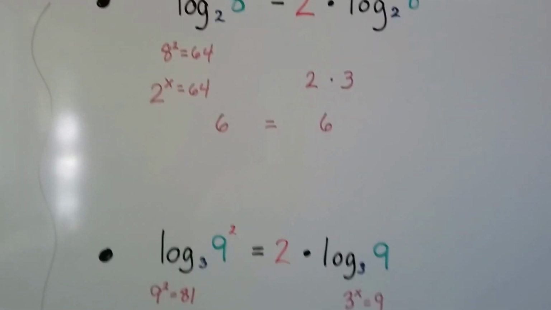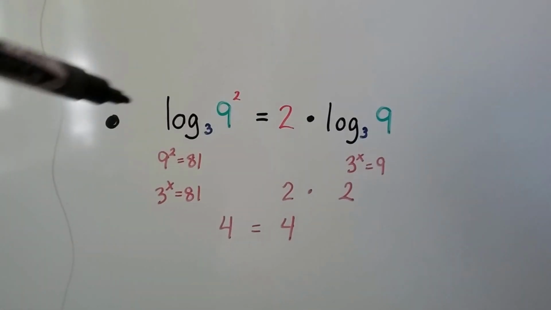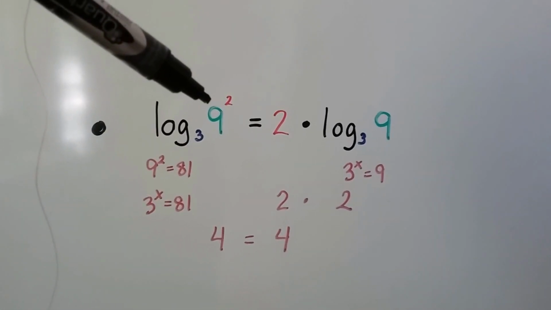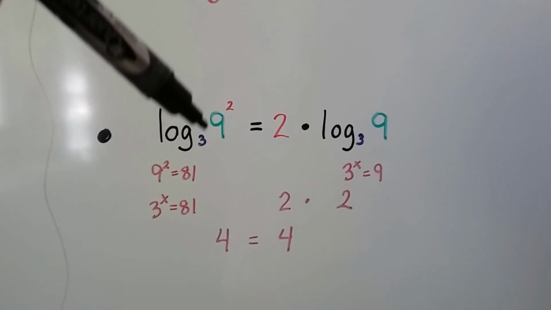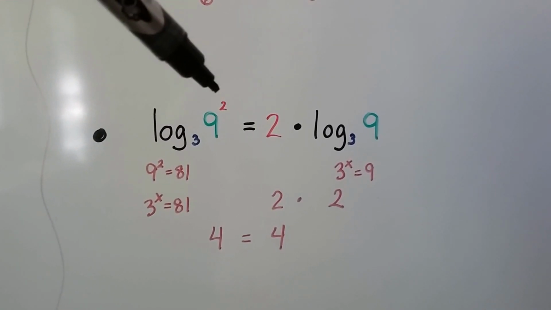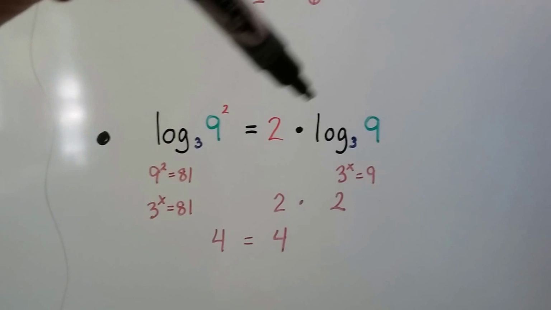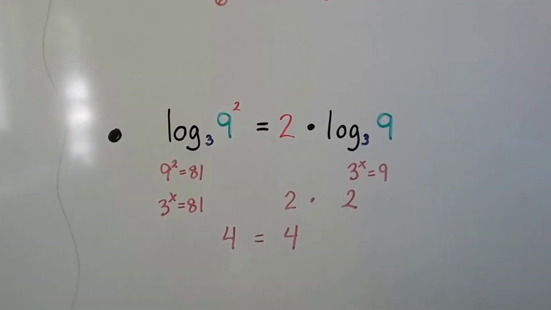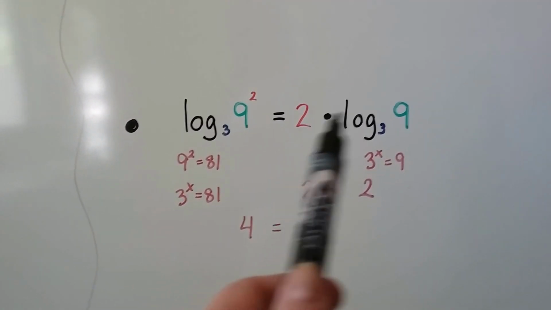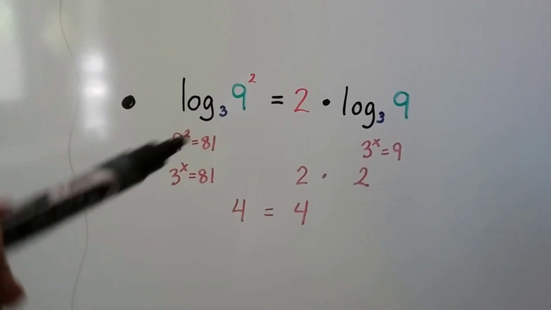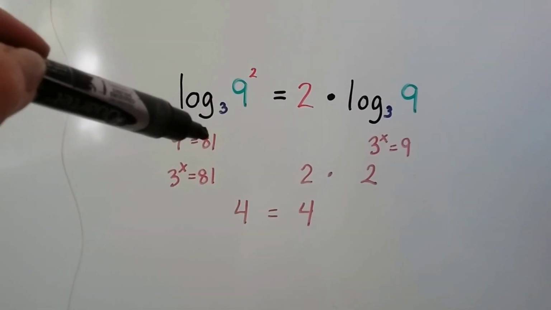Isn't that something? Let's try this again. So now we've got log base 3 of 9 to the 2nd power. We rewrote it so that this 2 exponent is here times log base 3 of 9. See? Took the exponent, put it in the front to multiply it. We took it away from here. So 9 to the 2nd power is 81.